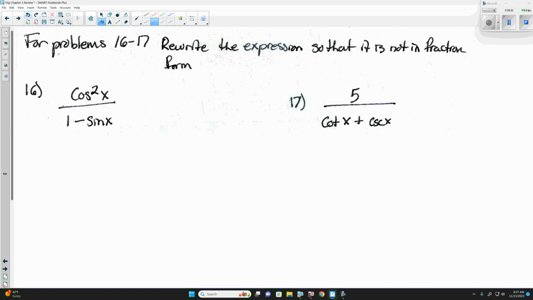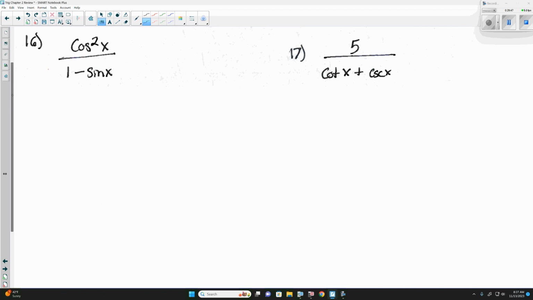One, we can multiply, or we can try to simplify as is. Now, the reason I backed off multiplying is because the numerator is cosine squared. According to the Pythagorean identities, cosine squared of x is equal to 1 minus sine squared of x.